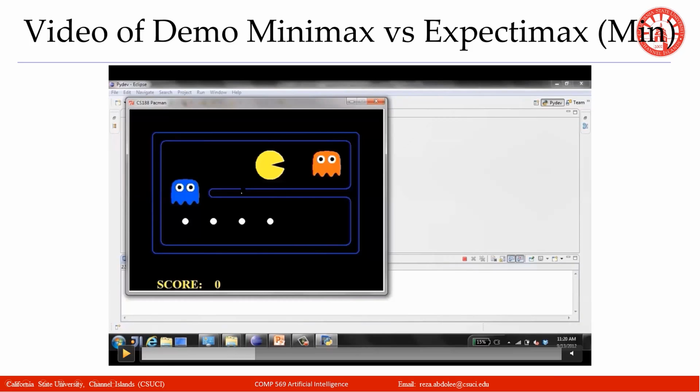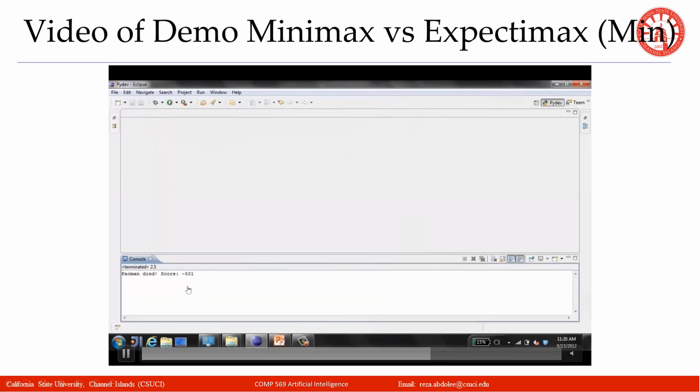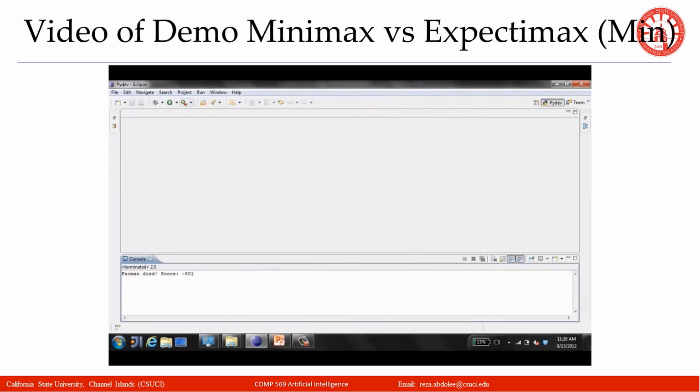Therefore, since we know that they're playing optimally, to get a better score it is better for the maximizer to jump into the ghost, because in that case it takes fewer steps and the negative score that it gets is lower. That's the reason it's going to go to the ghost, with a score of minus 501. If it chooses to go to the left, then the score is going to be a larger negative number.